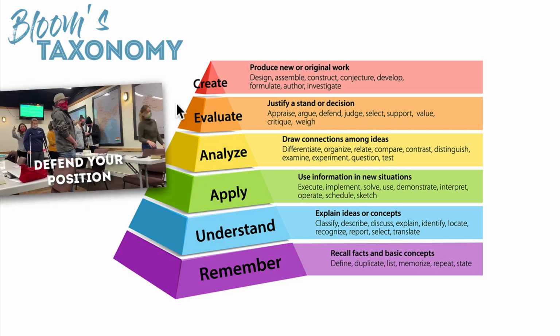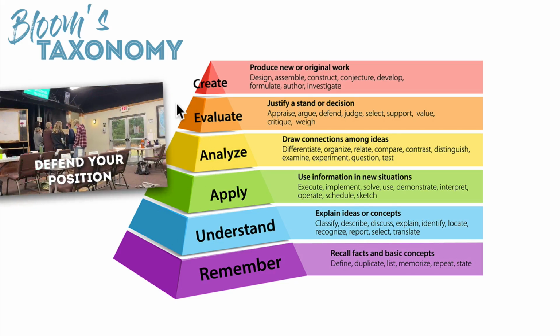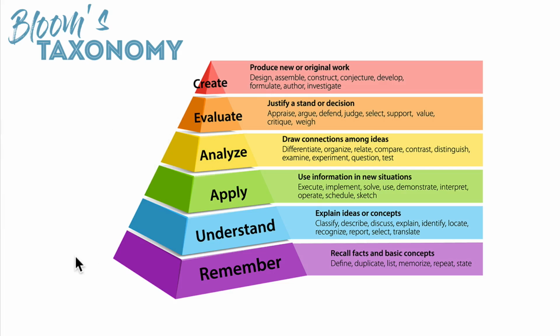So in our animals lesson, during the role play, our advanced students have to discuss the moral dilemma of animals living in cages versus animals living in the wild. And so in order to make that kind of evaluation, in order to defend their positions, they need to remember the animals' names, to understand what they are.